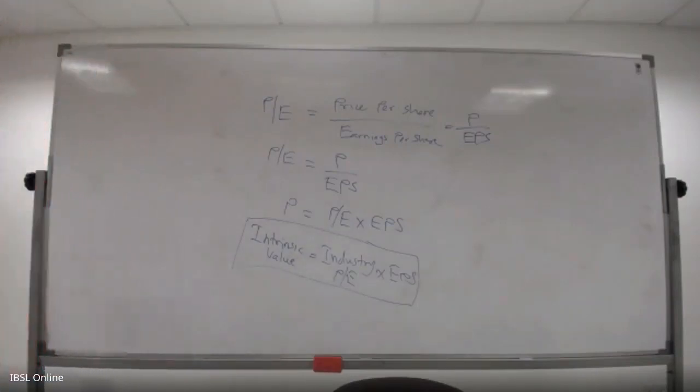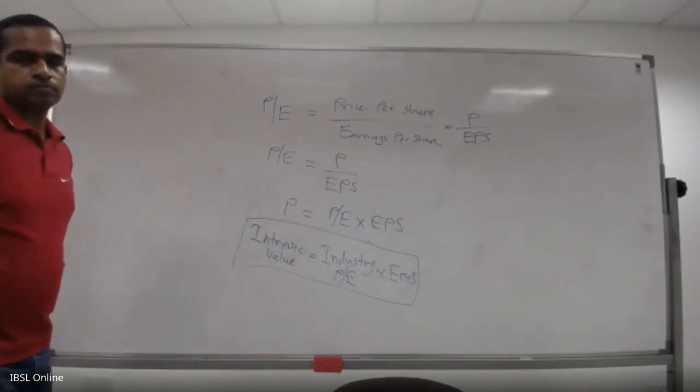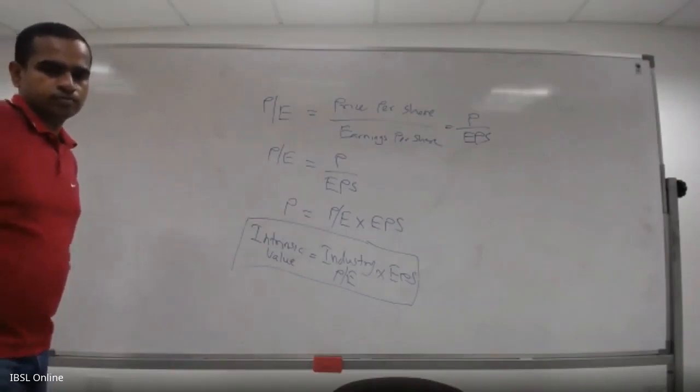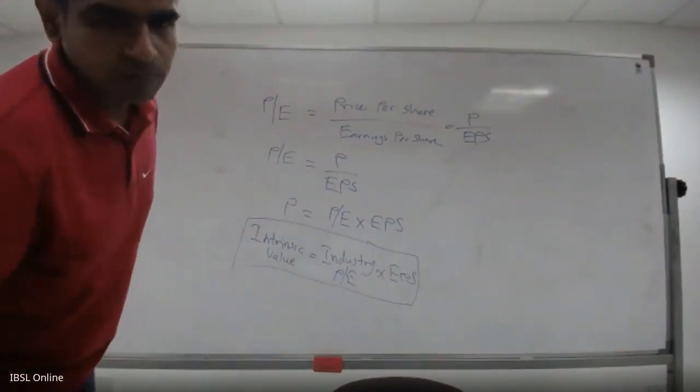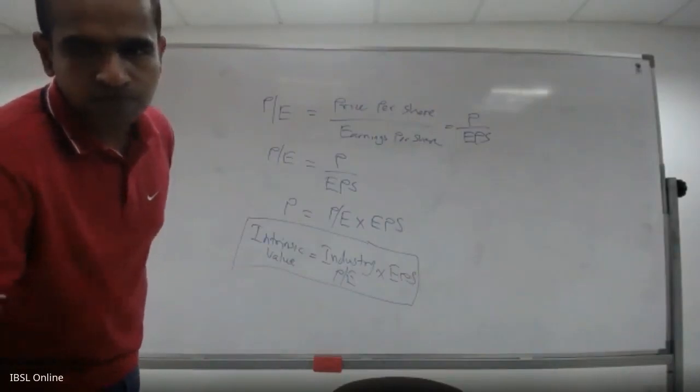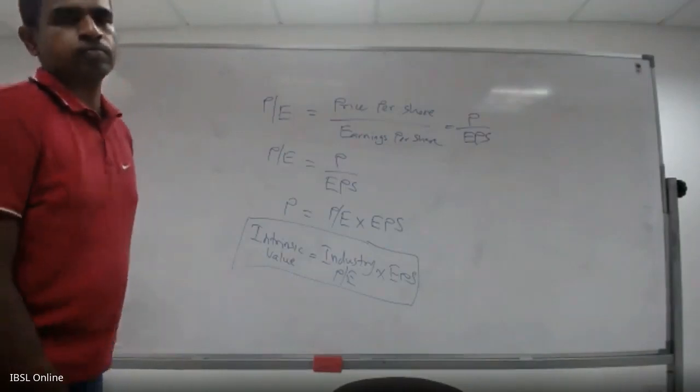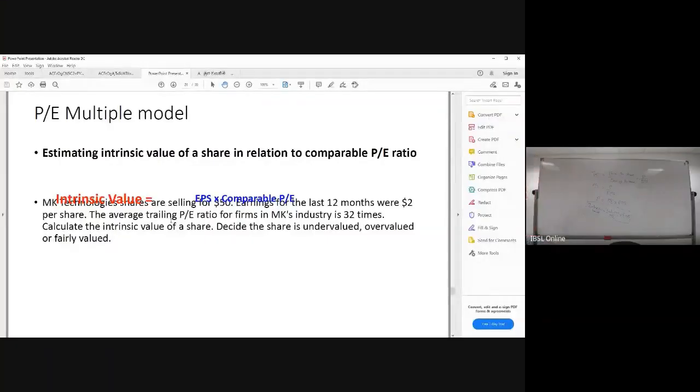Okay, so let's use the same equation. MK Technologies selling for $50. Earnings for the last 12 months, $2 per share. Average PE ratio in the industry is 32 times.